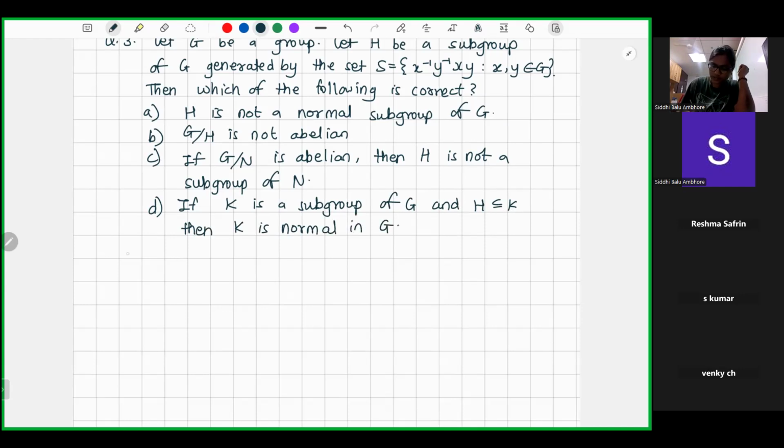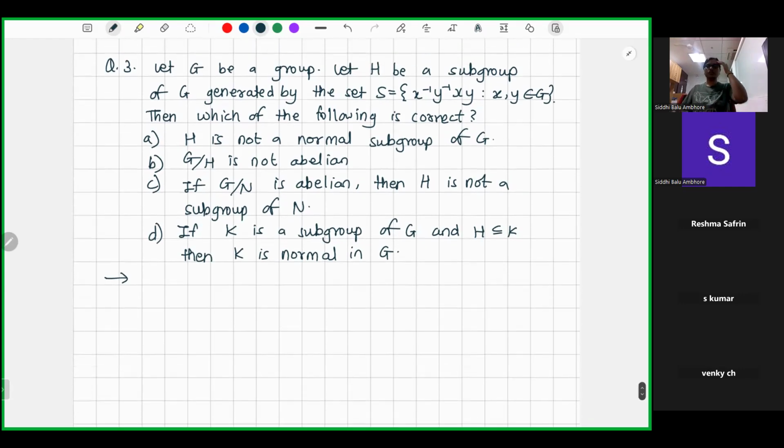So this is the question. First, H is actually generated by elements of this form, X inverse Y inverse XY for X, Y in G. And what they are asking is whether H is a normal subgroup or not.